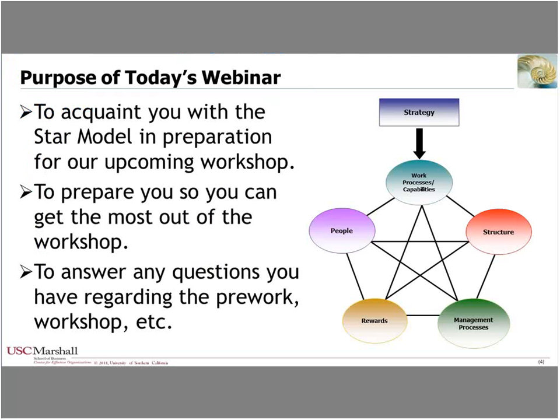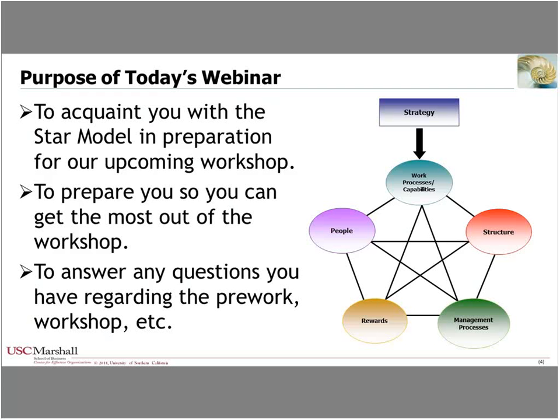Before this session gets started, we want everybody to have a stick-your-toe-in-the-water experience with the model and learn about its different parts and pieces, so that when we begin the seminar, about a week or so from now, everybody will have a pretty good idea of what each of the bubbles on the star means, what each of the points of the star is referring to, and we can begin to dig into the material in a quicker, more efficient way at the beginning of the session.